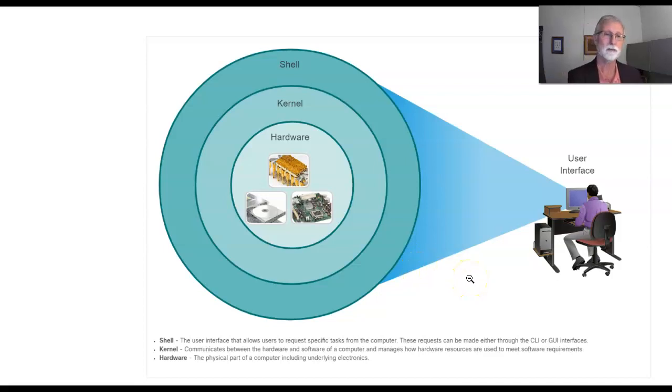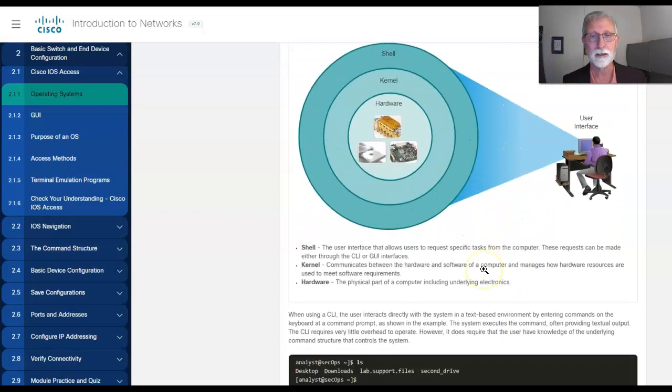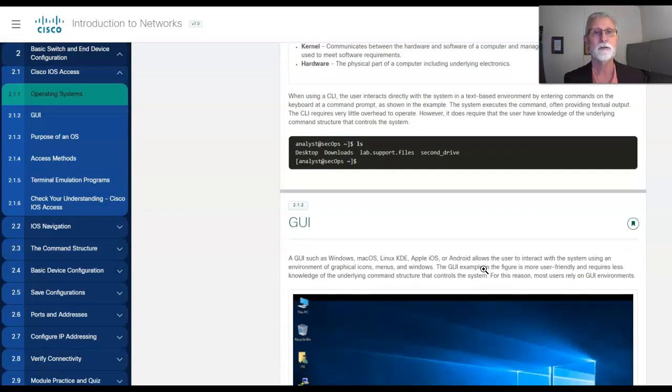What you see here is the shell allows you to interface with it, and the kernel is going to use its own language to control the physical hardware of the device. And of course, the hardware itself is the CPU, the disk drive, the memory, all of that stuff. Now, when you're using the command line interface, it'll look something like this.